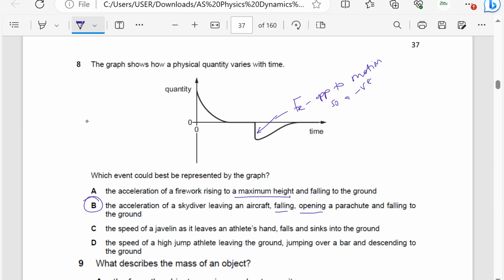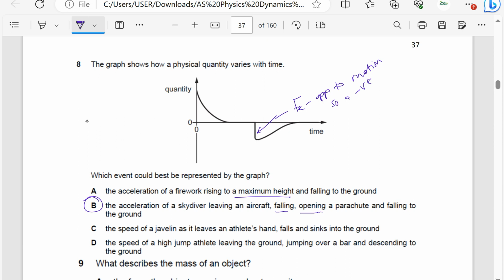So it cannot be A. I don't think the acceleration is going to be decreasing when it is rising and then falling. No, the answer is going to be B.